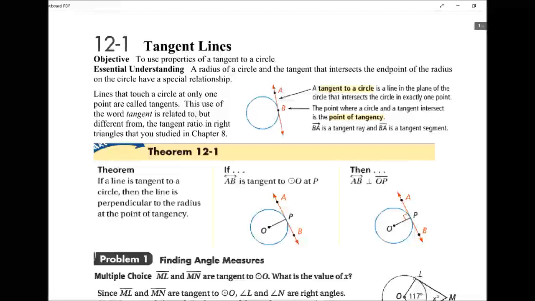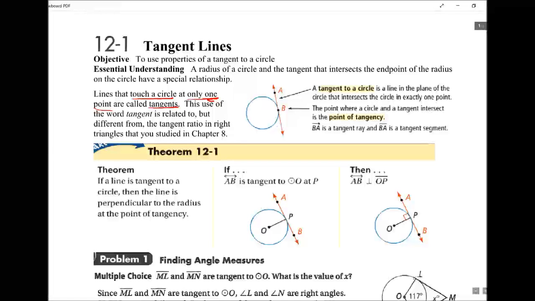12.1 Tangent Lines. Okay, we're going to start off here with some vocabulary. Lines that touch a circle at only one point are called tangents. Now, this is related to our tangent ratio that we learned about back in Chapter 8, but it is different.